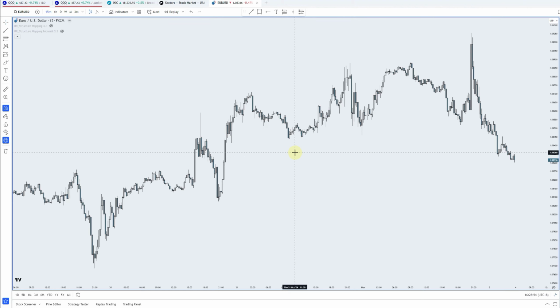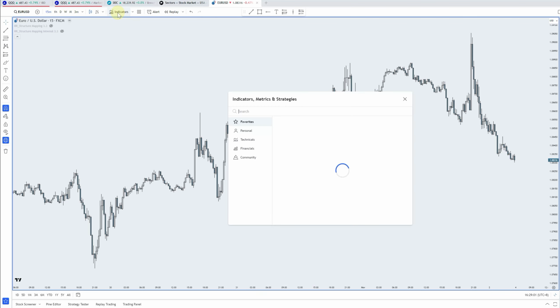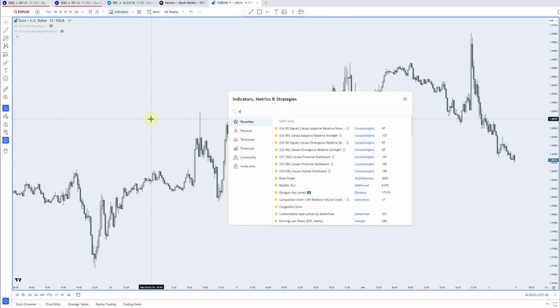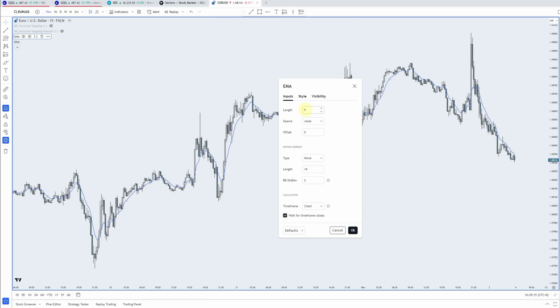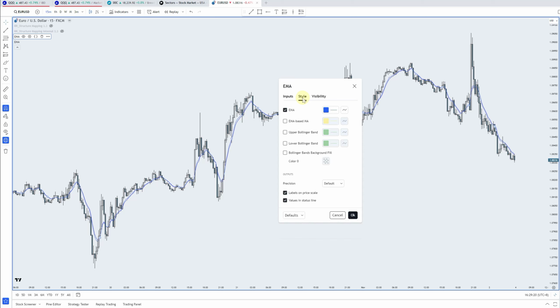I use 4 moving averages for this trend cycle. So you go to the indicators and write here exponential moving average, this one. And you need 2 moving averages like this. Go to the settings. The first one I'm looking for is 8, and I use this color.